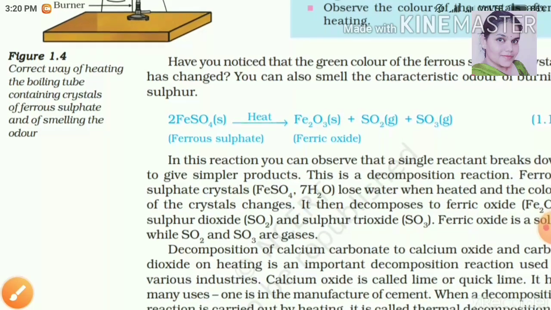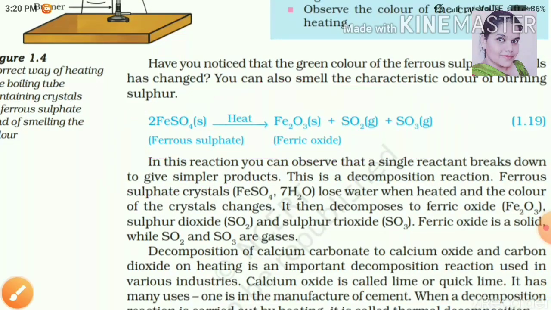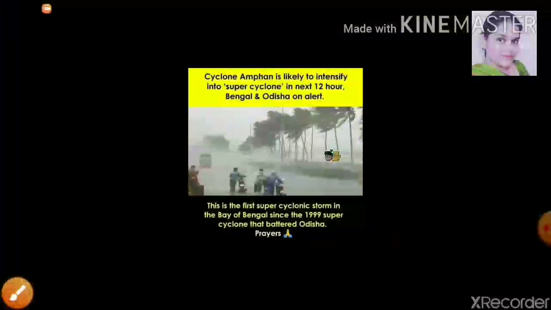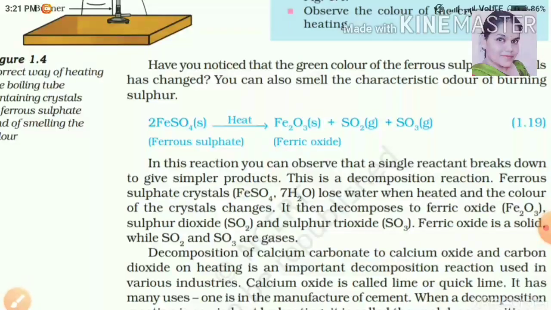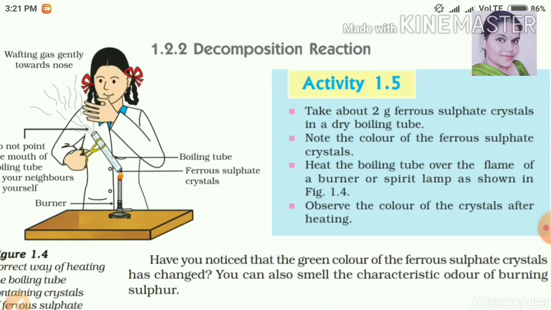Otherwise you can write like this also. This is also a correct way, no problem. FeSO4 dot 7H2O, these are the crystals of ferrous sulfate.